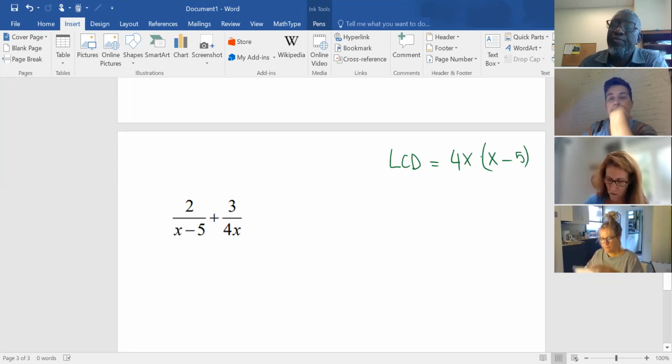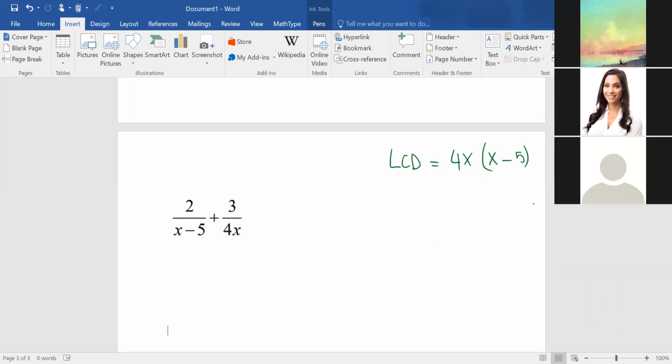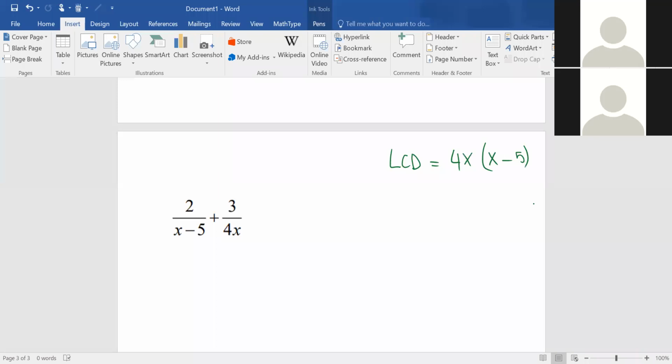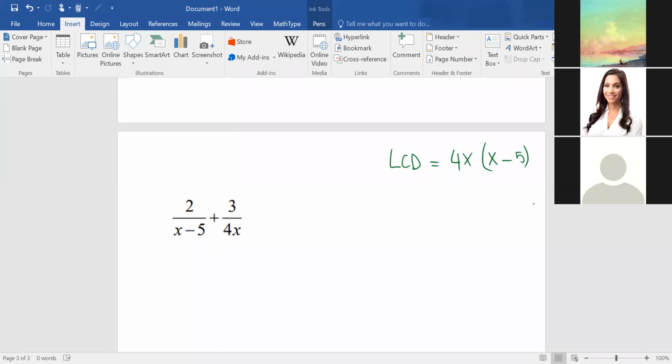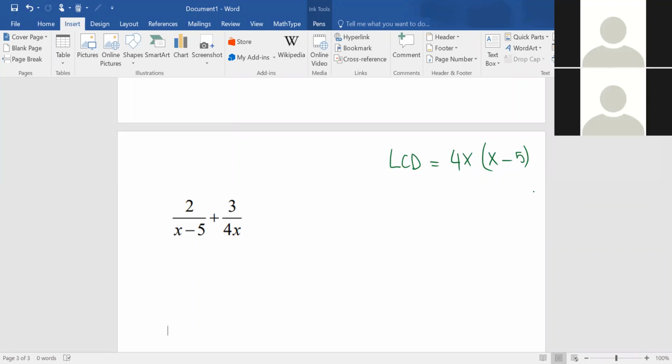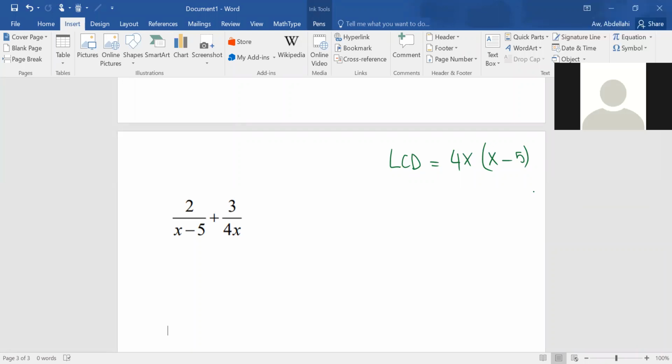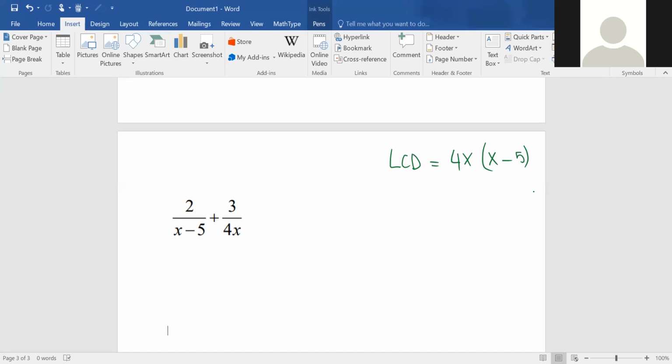If you have a problem with that, everybody, you have to say why the LCD is this, so we can explain it a little bit. That is very important in finding the LCD, because after we get the LCD, what you have to do next is not very complicated.